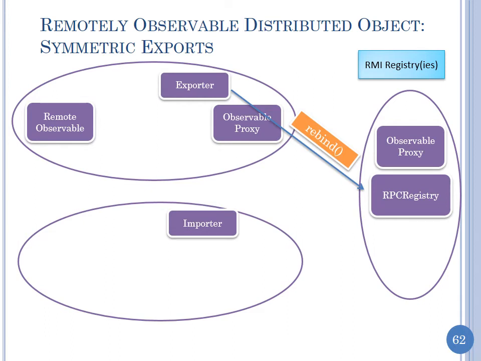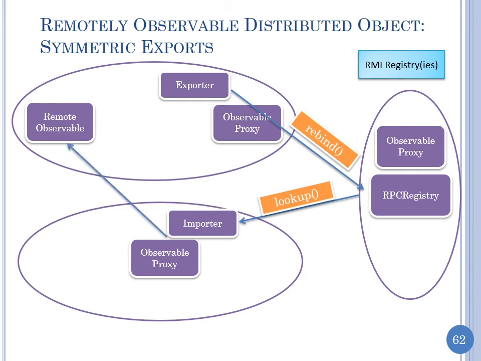From there, an importer in the client can perform a lookup and get a local proxy, and that proxy can access the observable. The remote observer can invoke methods on the observable proxy. So that's a one-way connection. That's what we've seen. To do two-way connections, we just repeat the steps, but we change the roles.